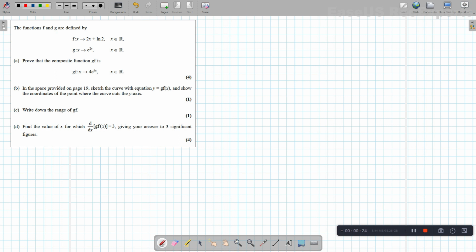Okay, composite function. Part a. It's given as gf(x), which equals 4e^(4x). This is what we need to prove. So gf(x), let's write the g first.